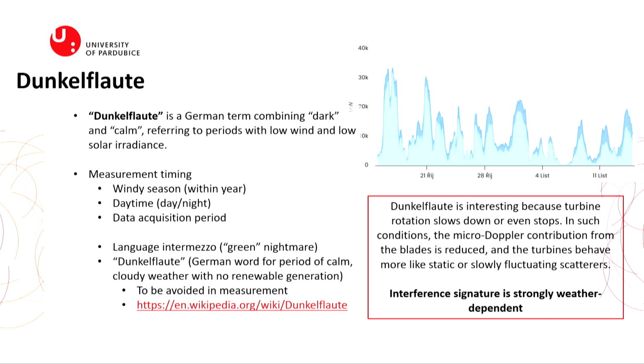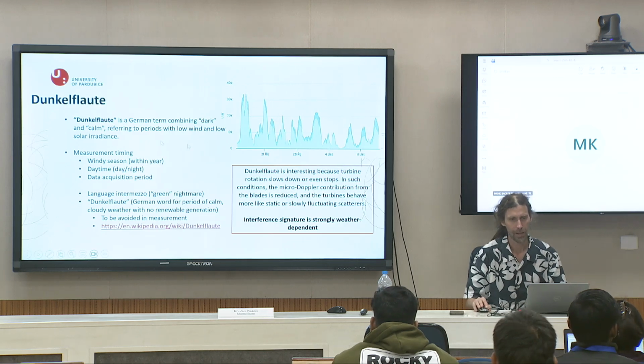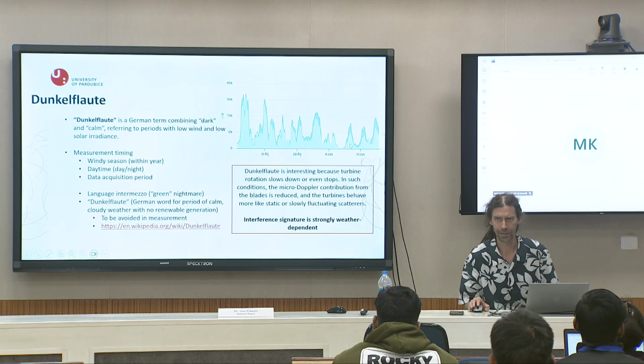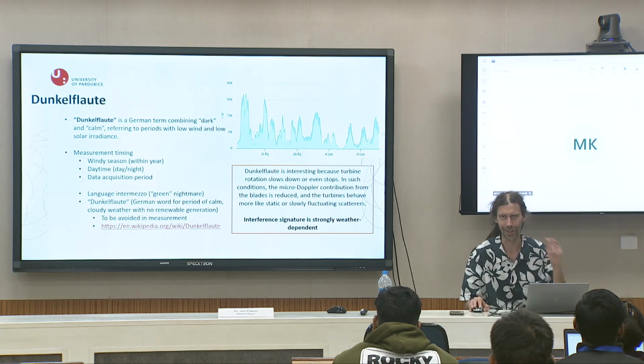All wind turbines in this area will stop working. And why do I care about it? Because when they stop, they are not moving, and if they are not moving, there is no Doppler shift, and if there is no Doppler shift, for me it is a static object, and an MTI filter is enough. So it is just an interesting thing, and you need to be careful. If there is some prediction that this period will happen, don't go to measure, because it will be just a static object.